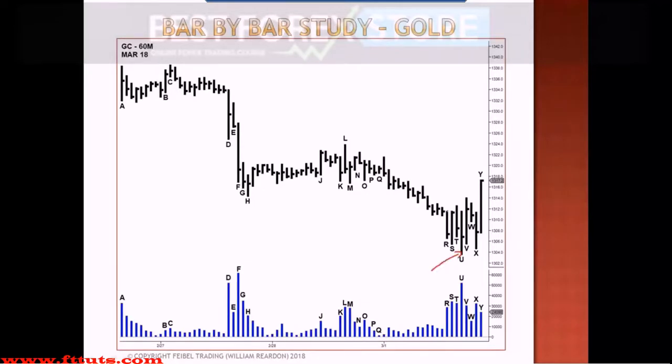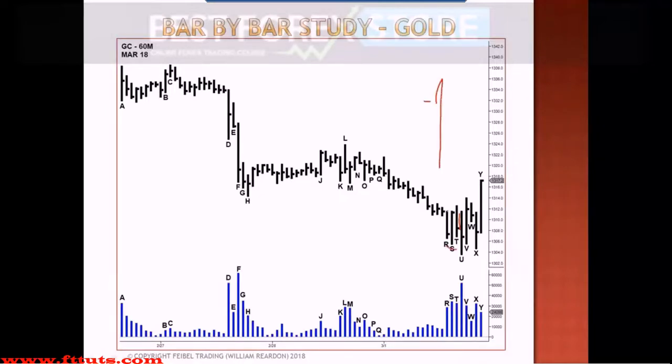U prints. Very high volume. Way above R, S, T. Increases the spread. That closes 45% off the lows. Think about this bar. It's a bar of interest. Buyers come in from the previous close. They push it up. Sellers come down.